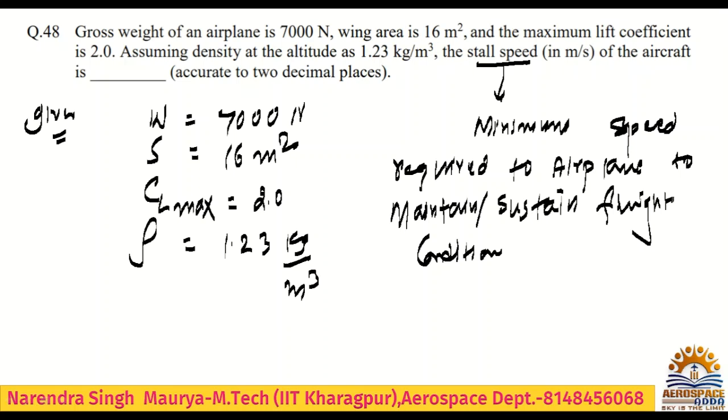Better to say flying condition. To maintain the flying condition, minimum speed required to the airplane is called stall speed.